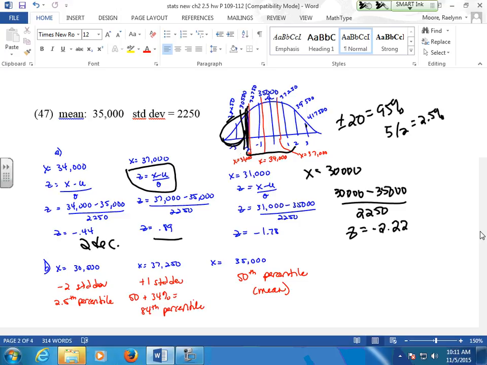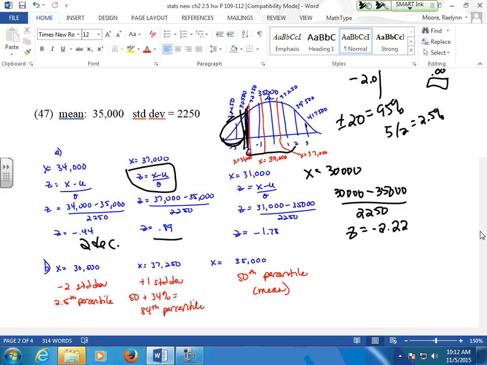But you can use your table as well, which is even easier. Well, we would have to find your z-score for this, and we know your z-score is negative 2. So look at negative 2 on your table. You're looking at negative 2.0, and you're going to come all the way over here to the 0, 0. The negatives, look at the tops, they go backwards. They go from 0.09, 0.08. The positives go 0.00, 0.01. They go backwards on your negative.